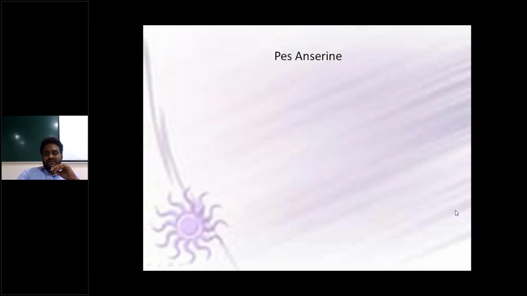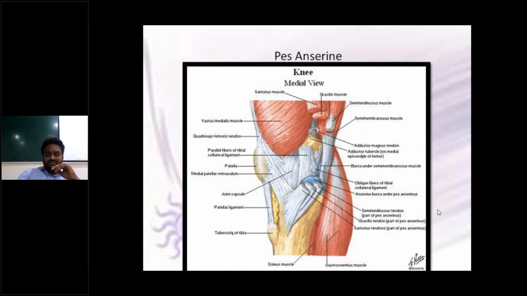Now one more bursa is associated with the knee joint, that is the pes anserine bursa. This is a very important question, a 3 marks question. In this picture, with the arrow I am showing the pes anserine bursa. This bursa is present deep to the 3 muscles.